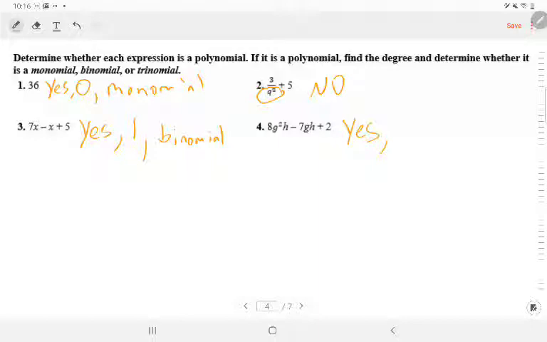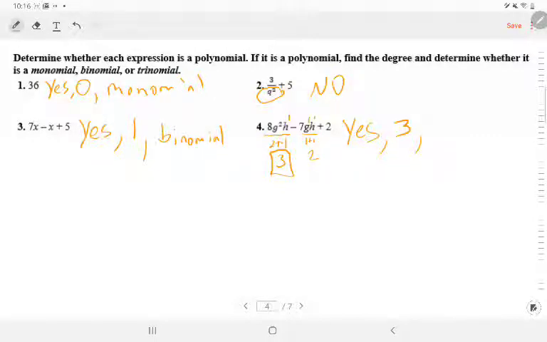And we take the monomial, and we have 2 of them here, and we take the degree of the largest. Well, in this one, we have an exponent of 2 plus an exponent of 1 for the h. In this one, we only have 1 and 1, so that would be 1 plus 1. This gives us a 3, this gives us a 2, so our largest is 3, so that would be a degree of 3.